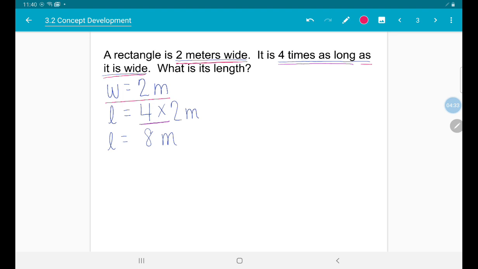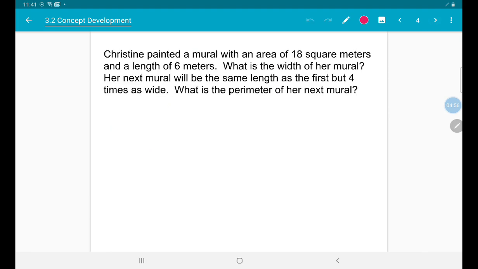Remember, here's where it tells us how wide it is. So I know I'm multiplying 4 times 2. 4 times 2 equals 8. So the length is equal to 8 meters. I know that my unit is meters because in the problem it gave me the width as meters. So my unit is meters.